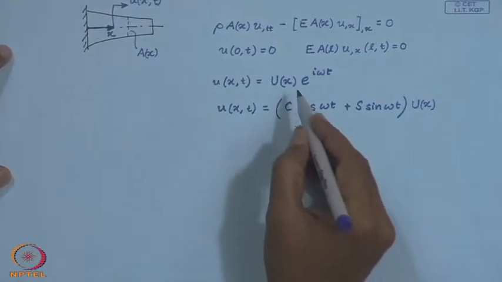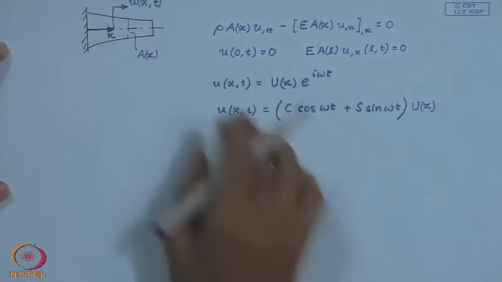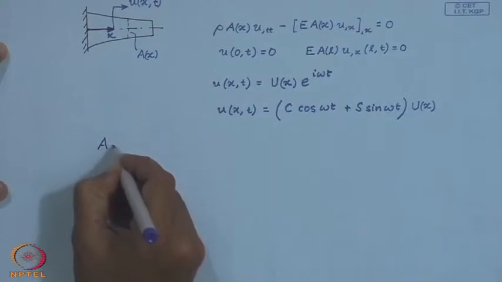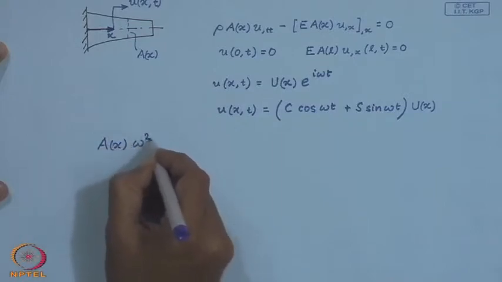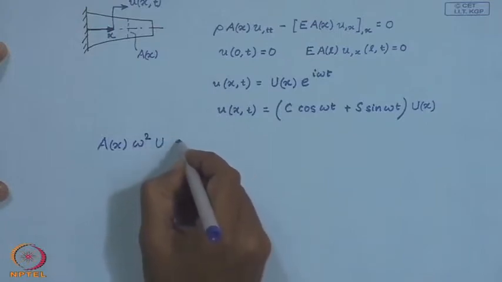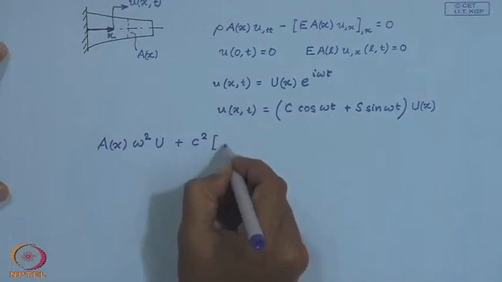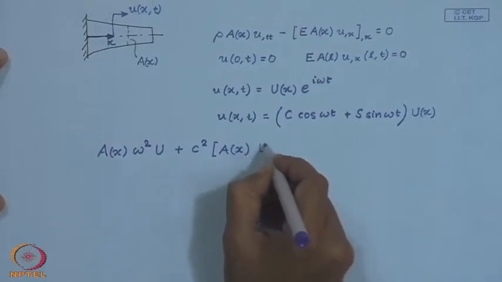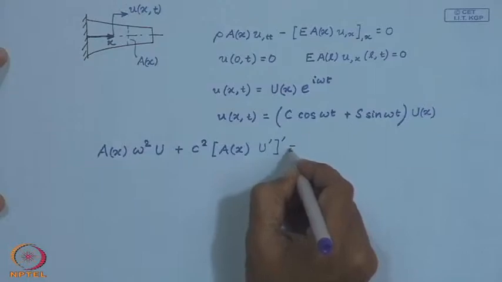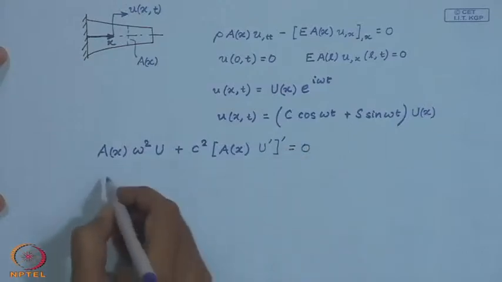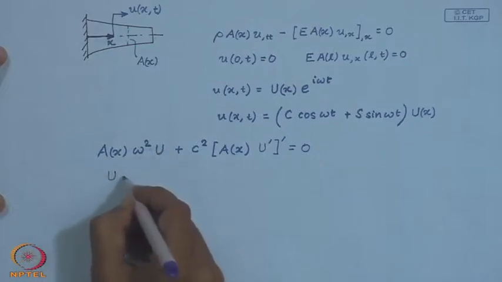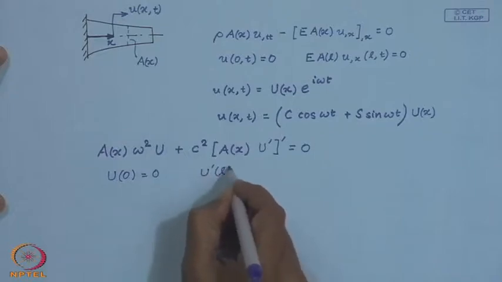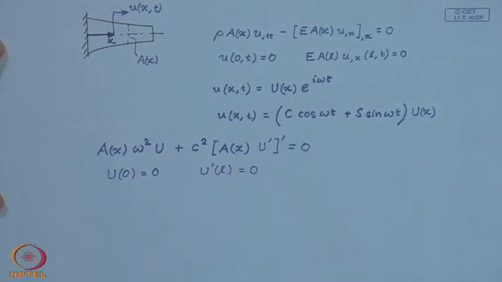So, once we substitute a solution of this structure into the equation of motion, we obtained a differential equation in terms of this amplitude function and the corresponding boundary conditions.